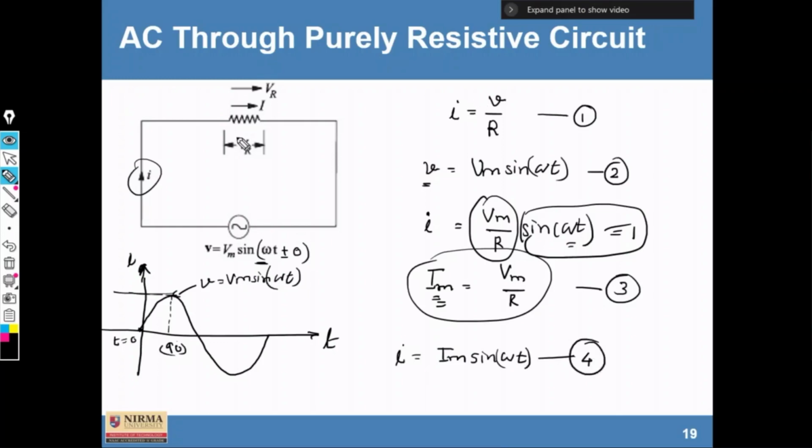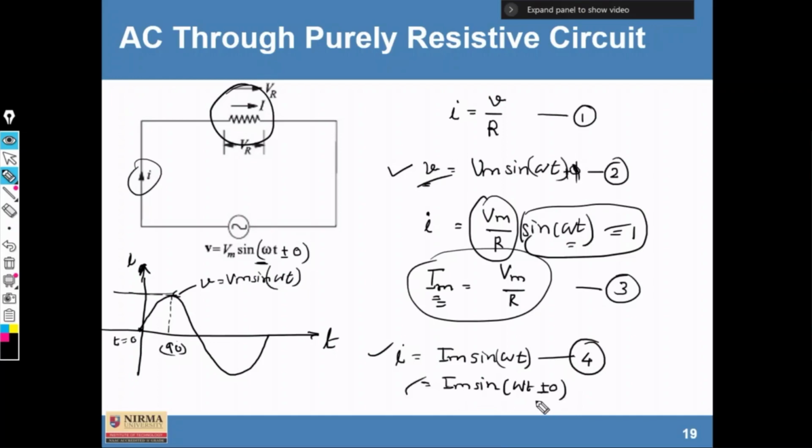So when the resistor is connected, we can derive an expression of current from voltage, and we found this equation Im sine omega t plus or minus 0. The meaning is that there is no phase difference here also, in the voltage equation and current equation.